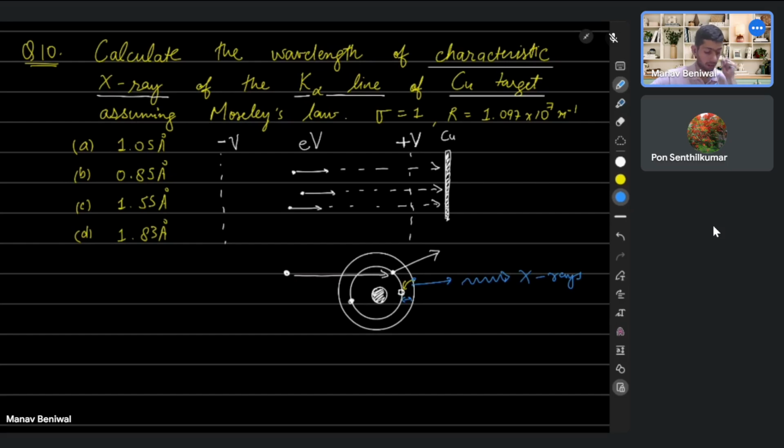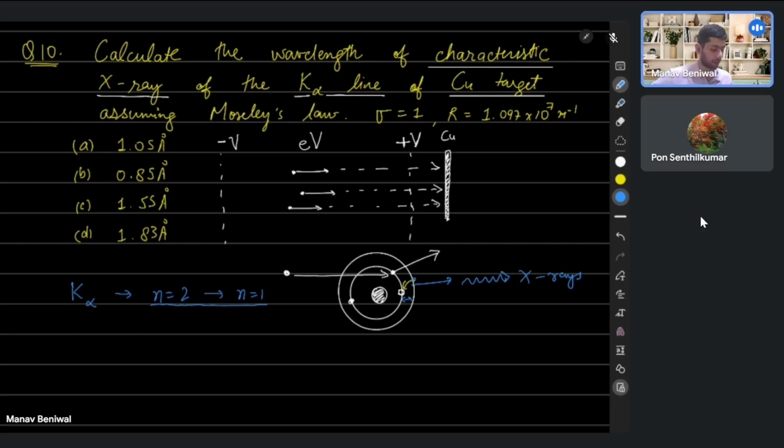Now for K alpha, the transition happens from n equals 2 to n equals 1, which is what we have shown here. The electron will jump from n equals 2 to n equals 1.